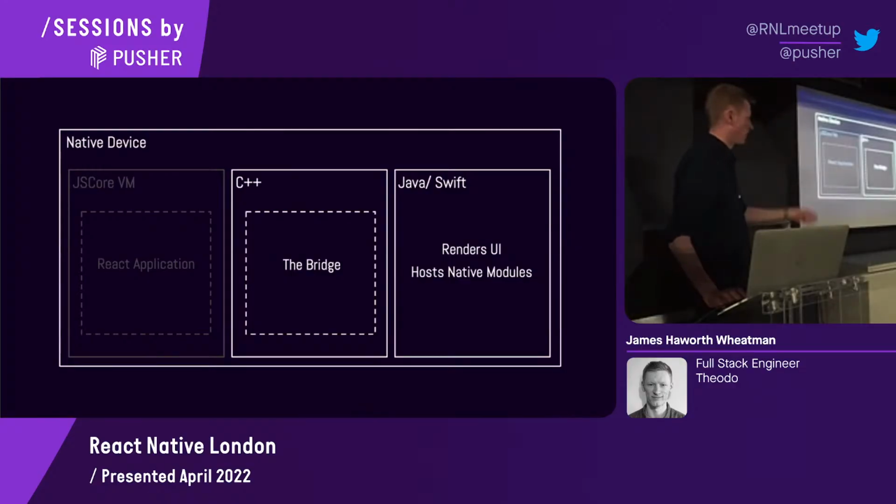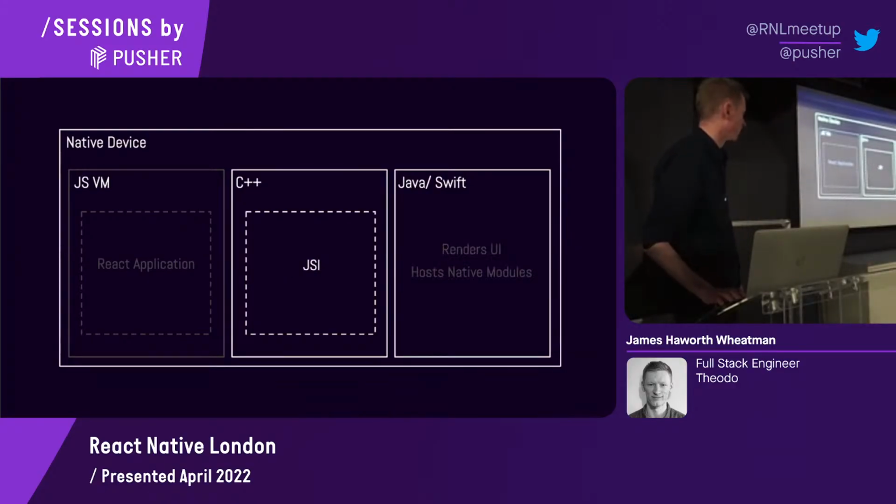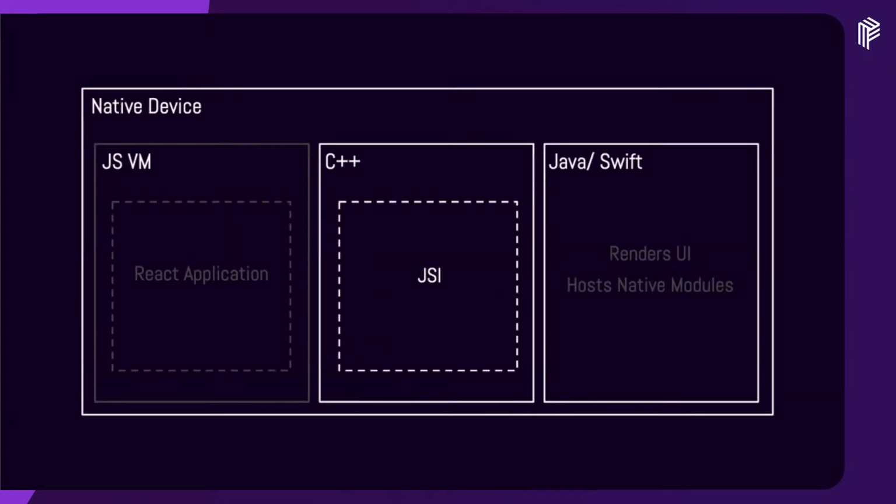So previously we had this idea of the bridge, but that is going to be replaced by the JSI, the JavaScript Interface. Essentially, we're no longer tied to one specific JavaScript VM.